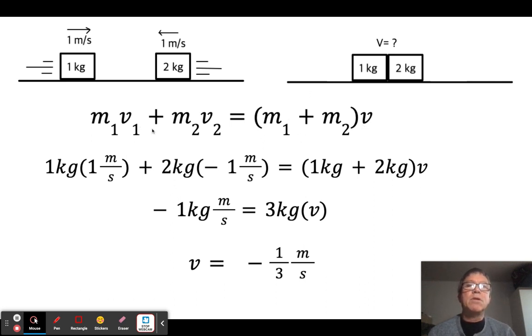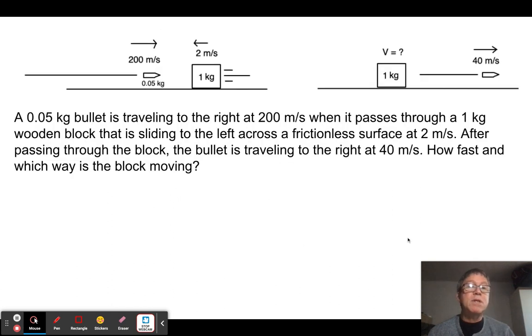So I say m1 v1 plus m2 v2 is going to equal the combined mass times this one final velocity. And so if I did the same thing I had before, I'd say 1 times positive 1, 2 times negative 1 equals 3m times some unknown v. And when I solve it, I'm going to get negative 1/3. Okay? Which was different from what we had before.